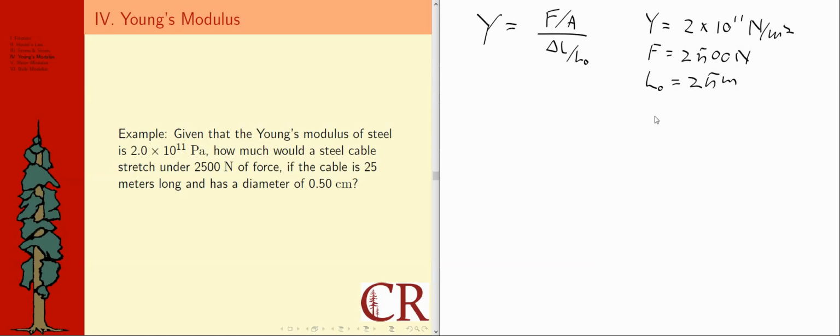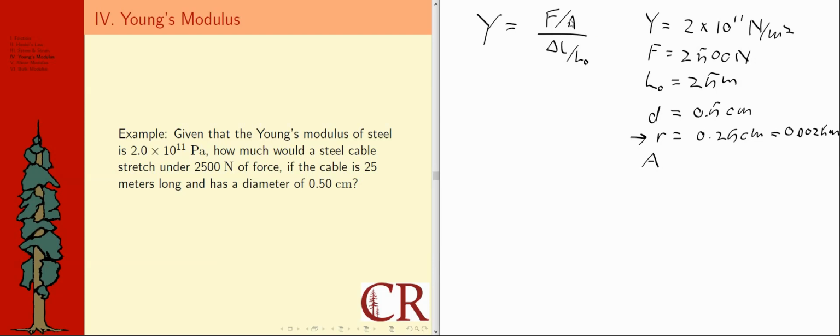So I've got a diameter D equal to 0.5 centimeters. That means I have a radius equal to 0.25 centimeters, which in meters is 0.0025. That would let me calculate that area.